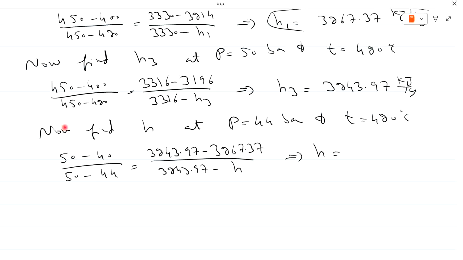So rearrange this equation and find the value of H. So H is equal to 3258 kilojoule per kg.